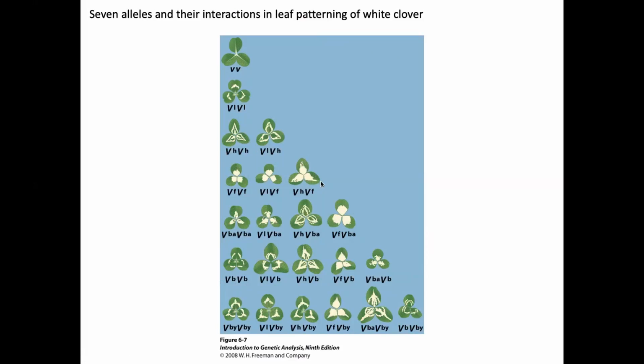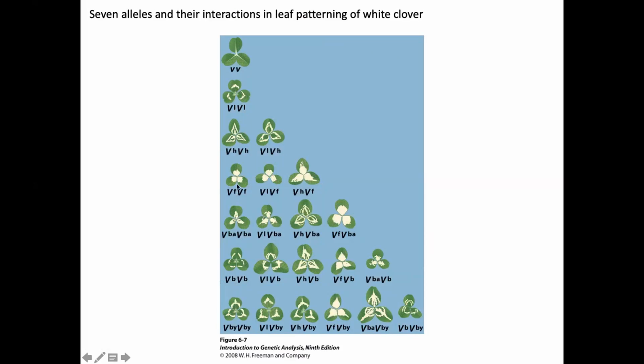However, just to use one example, if you were to take the oval pattern allele, this one here, V superscript F, and you compare it relative to this one, V superscript L, this is the result. This is the hybrid here. And it looks to me like all you see is the oval pattern.